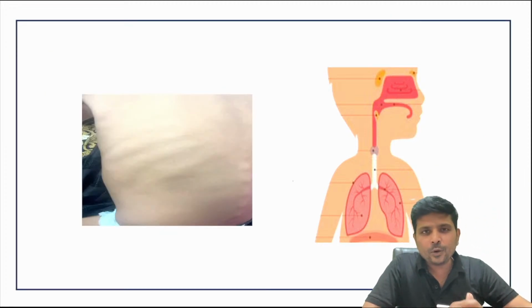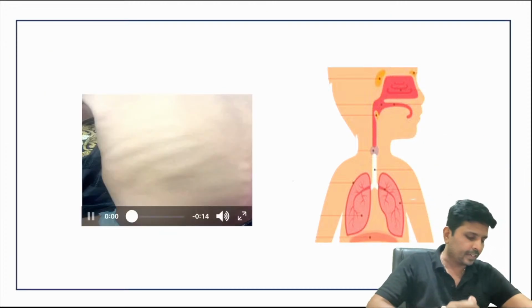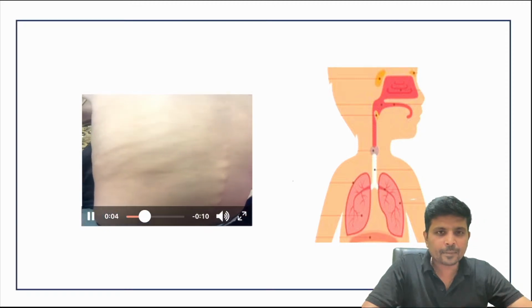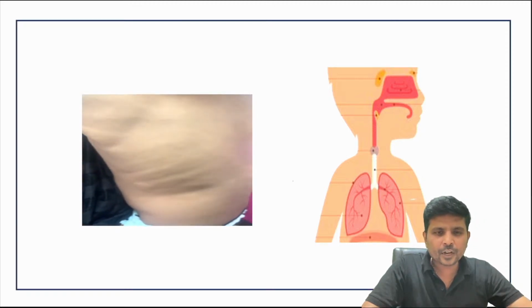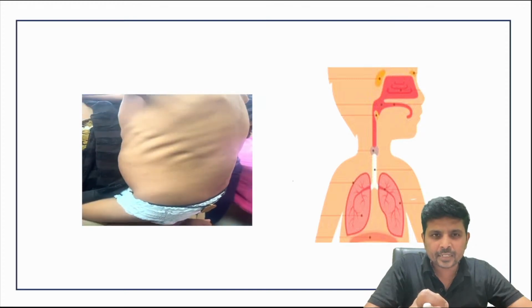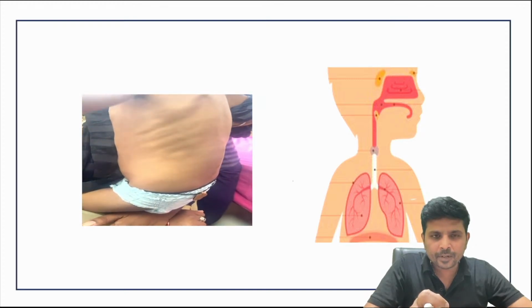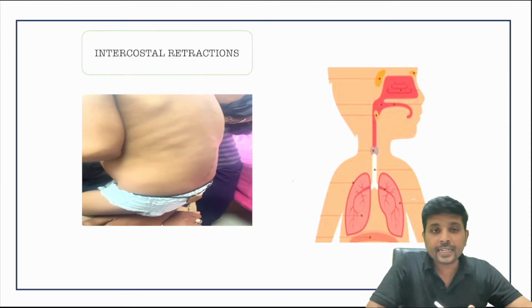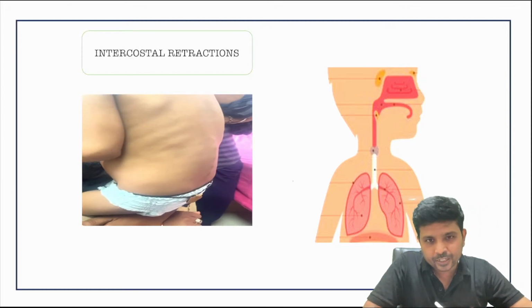And finally, look at this retraction. What is this retraction? The retractions are predominantly over the intercostal areas, so this is called intercostal retractions.